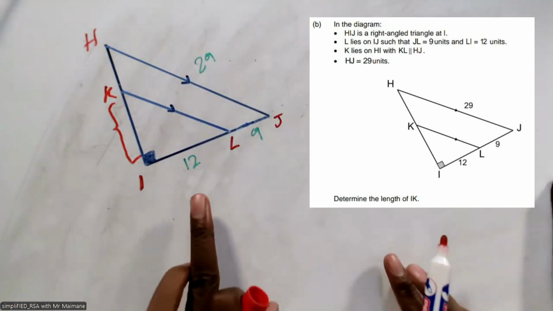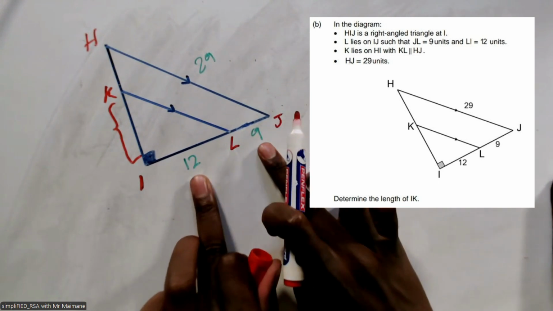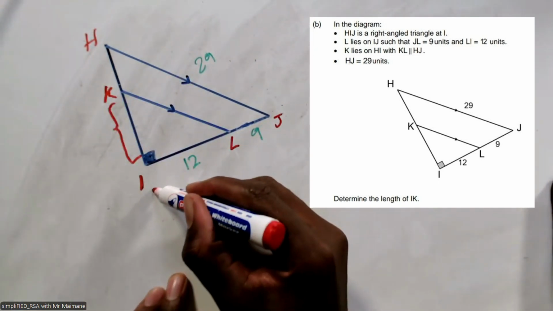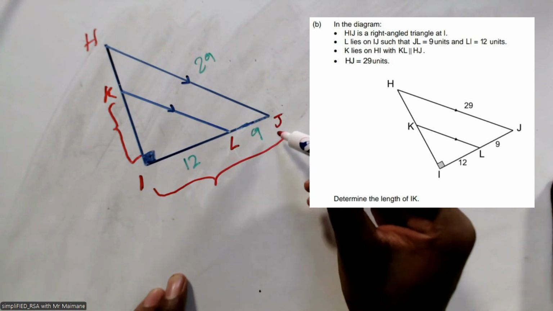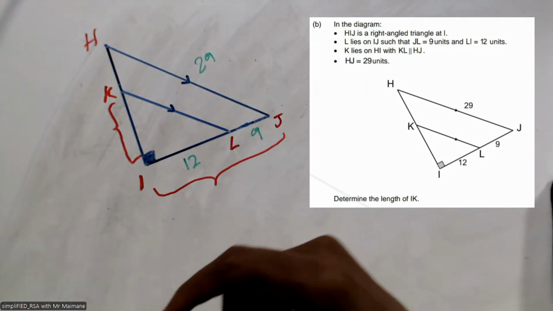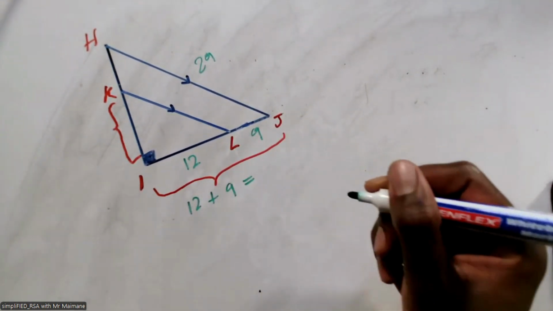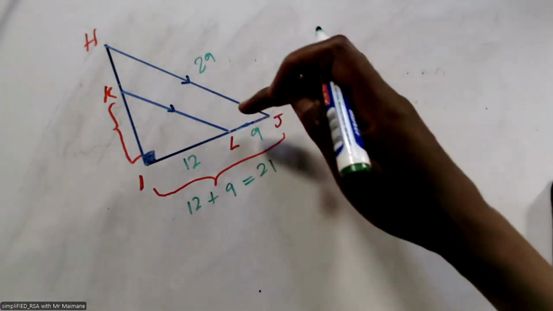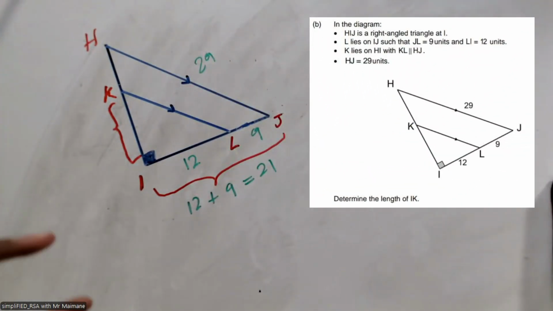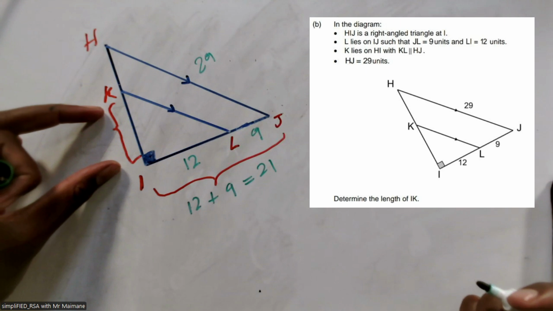But we know this total side here. This total side would be 12 plus 9, which is going to be 21, right? We know this side is 29. But we need to calculate IK.